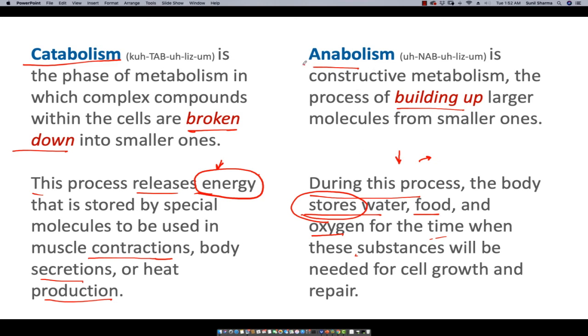So anabolism is what stores that energy. Building up is a process of restructuring so that things can either be stored or ejected out of the cell for other purposes.